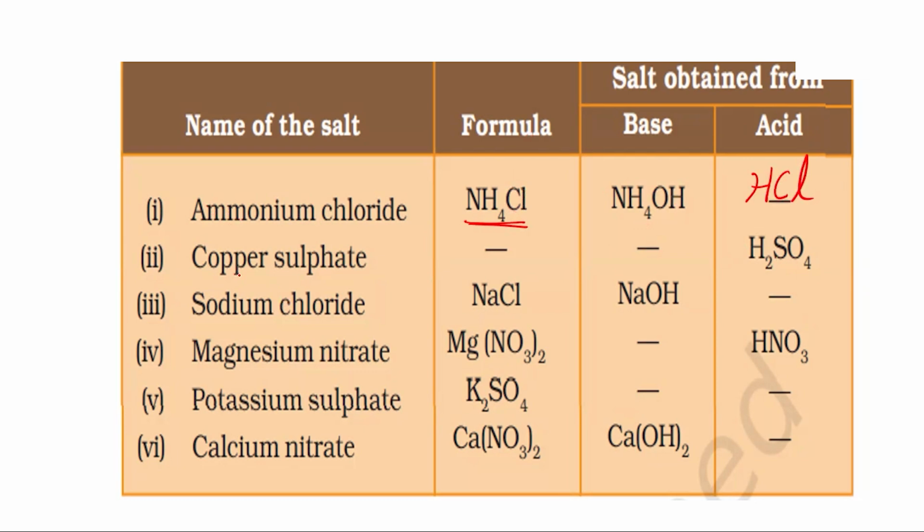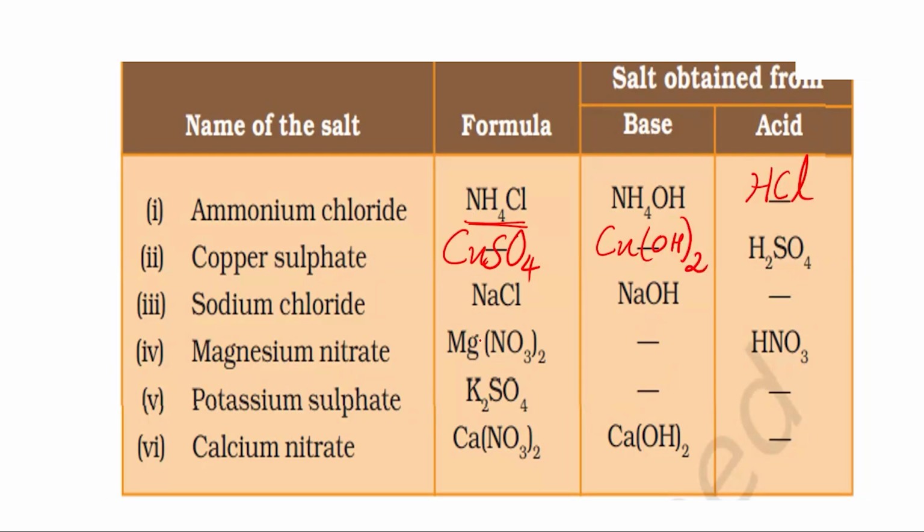Next is copper sulfate. What is the formula of copper sulfate? CuSO4. The acid is sulfuric acid. So what will be the base? Cu(OH)2, copper hydroxide, will be the base.